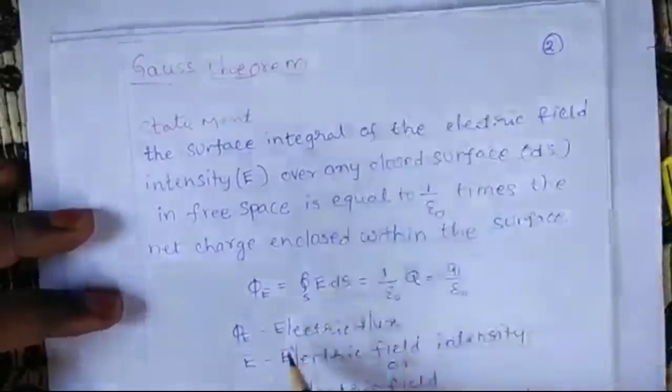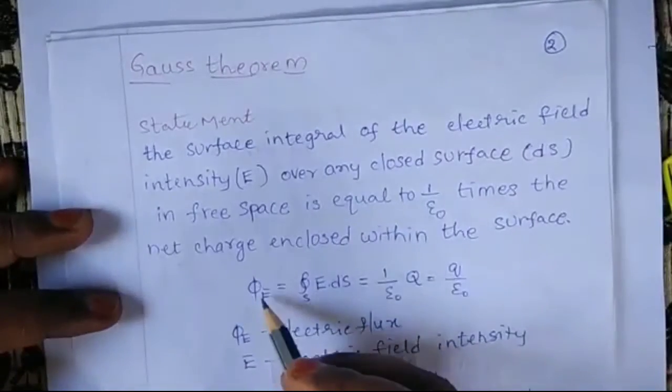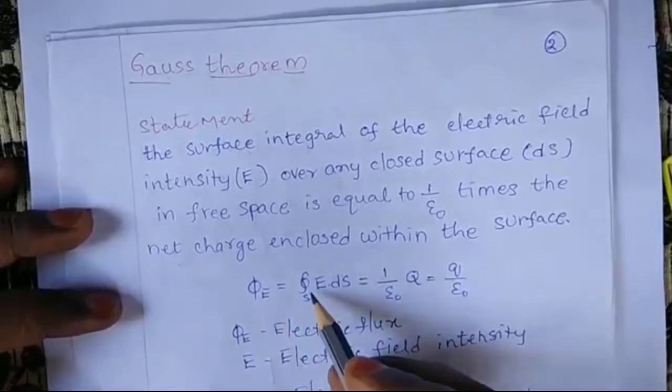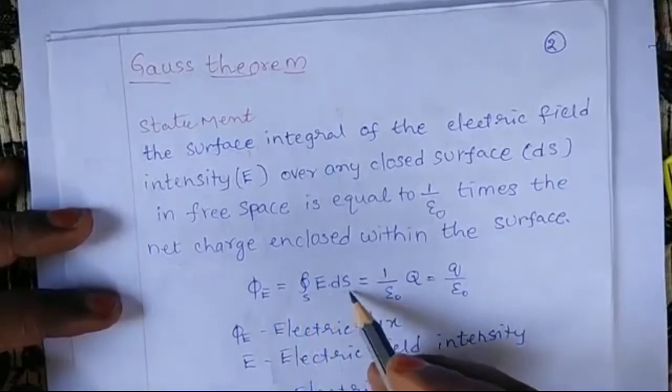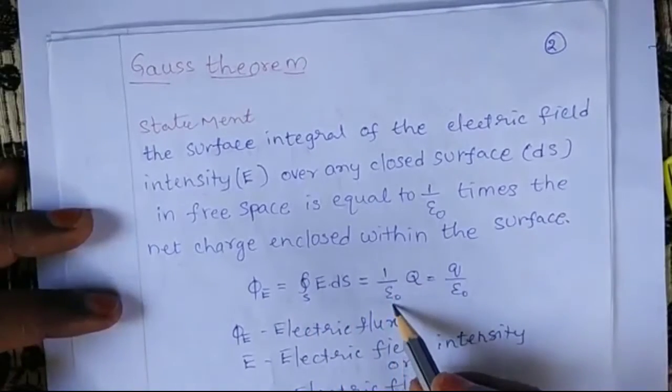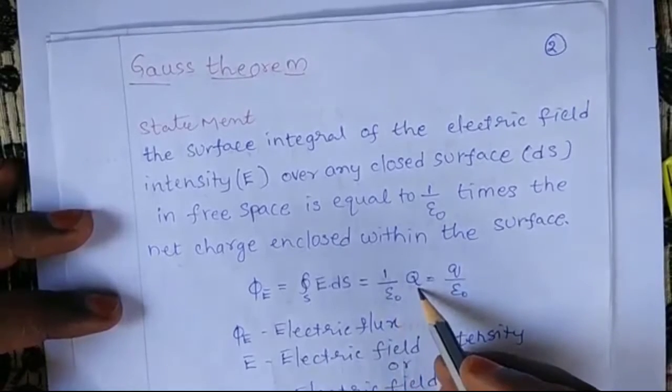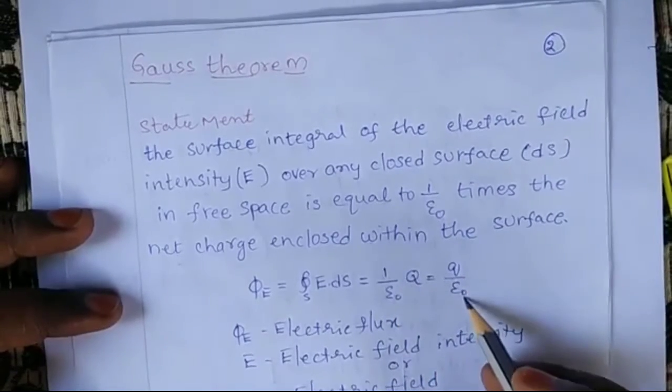From the statement we can write phi E, electric flux, equal to the surface integral of E·ds, which is equal to 1 by epsilon naught times total charge, that is Q by epsilon naught.